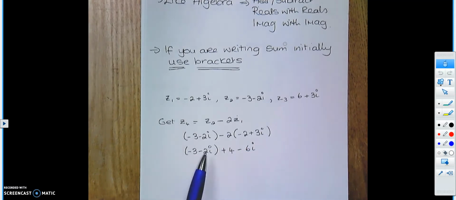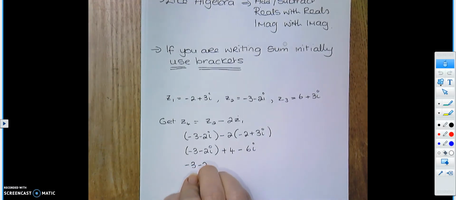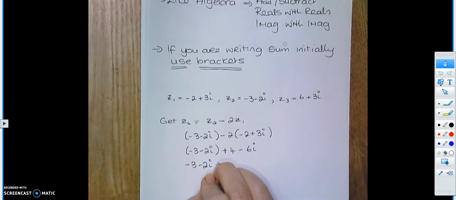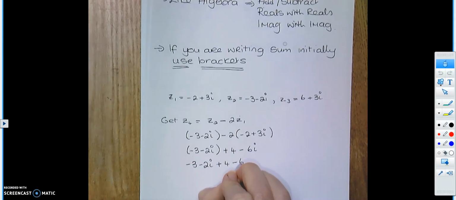Now, this bracket was just there to group it. It's not representing multiplication because there are plus signs behind it. So what you can do is just remove that bracket. Then you are going to group.